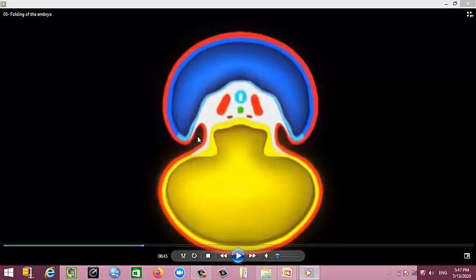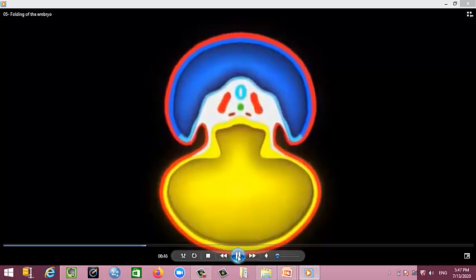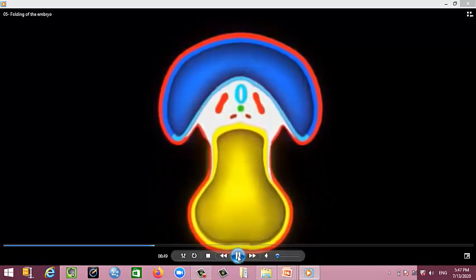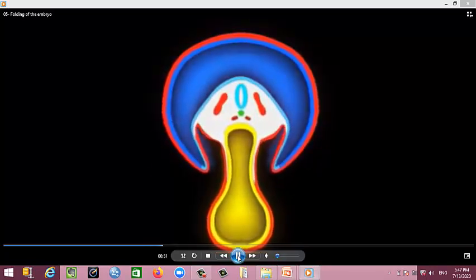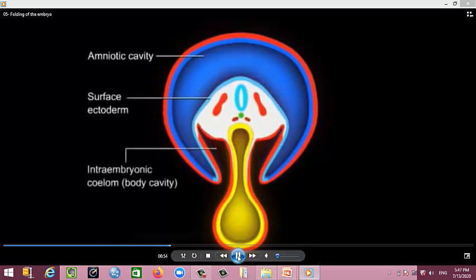Remember, that's the intraembryonic coelom, which was the cavity that divided the lateral plate mesoderm. See the intraembryonic coelom here? What's going to happen is eventually these two are going to close, and this is going to become the body cavity. And notice how now the lateral plate mesoderm is actually divided into two parts. You've got one here and one here.